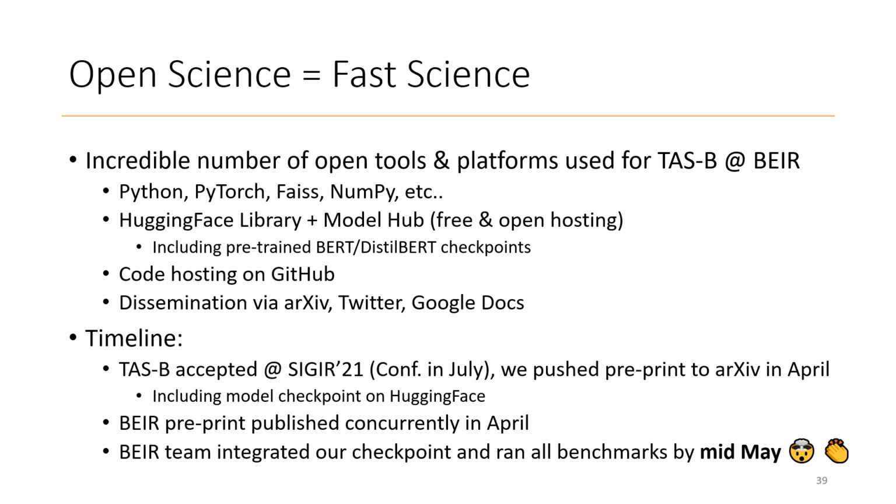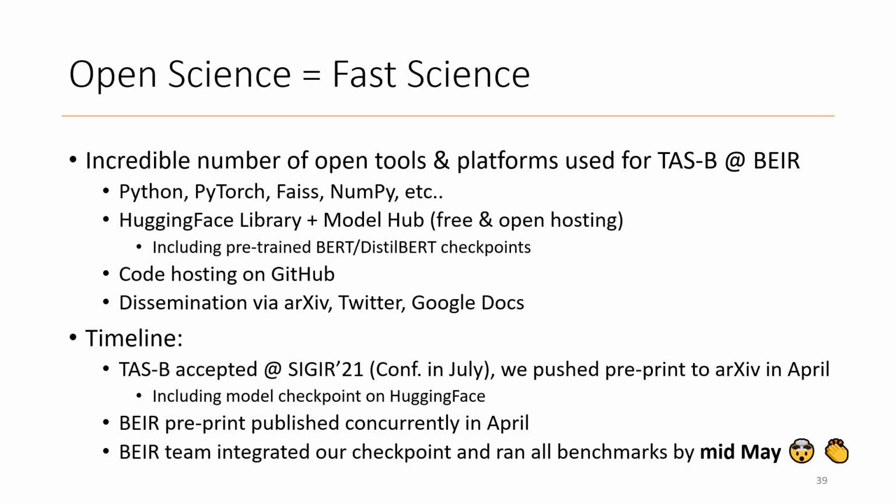Those results are a great external validation for our dense retrieval model training. And now I want to take a step back and look at the sheer amount of open tools and platforms used by multiple groups to make those TAS-Balanced at BEIR benchmark results possible.